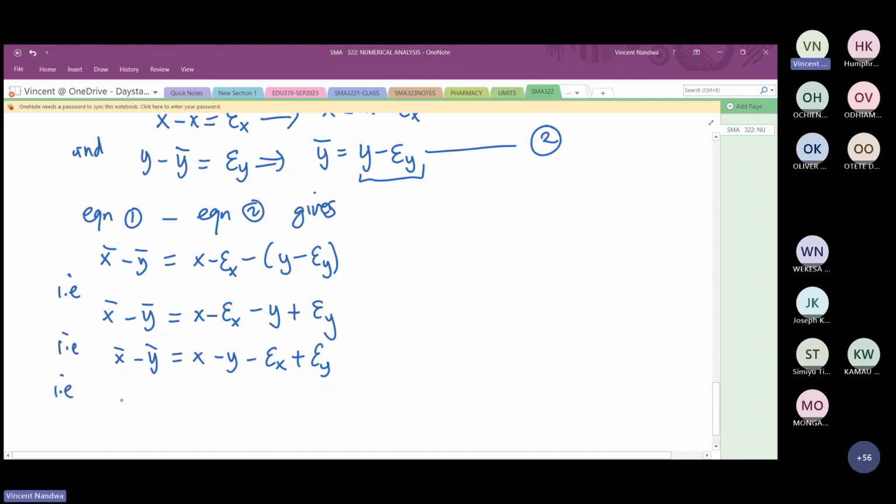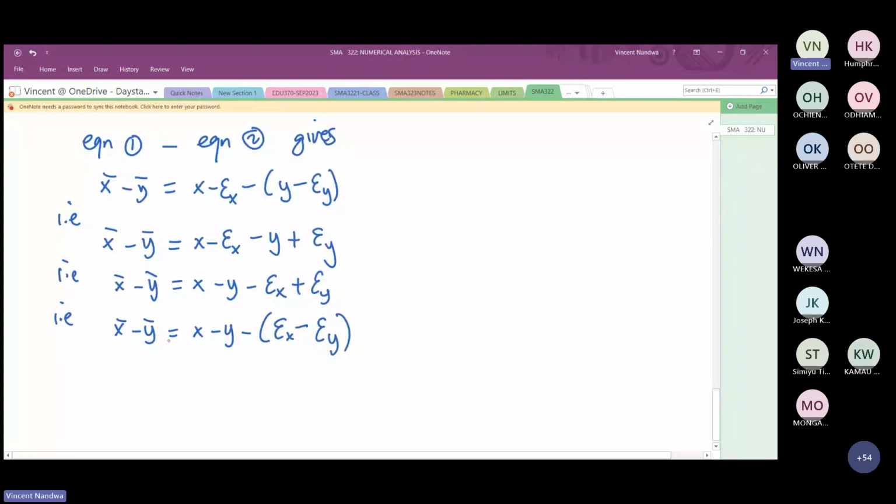So this will be Δx minus Δy, x minus y. If I have to force a bracket there, then what will be the sign of error in y? Negative, correct. So I need to have a minus sign here.